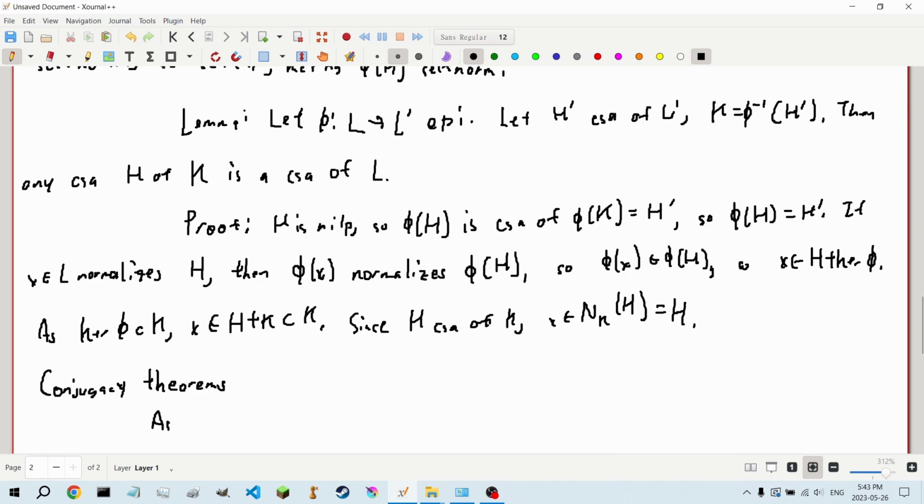We're going to start our discussion of the conjugacy theorem. This is our next chapter. So again, we're going to assume F is algebraically closed and characteristic is 0.